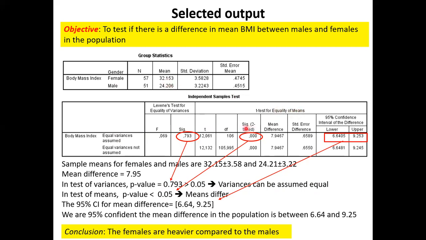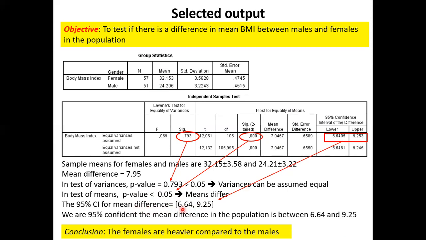So there are two components: testing variances, and testing means. Are they similar or different? How much is the mean difference? 7.94. Is it a big or small difference? Look at the p-value. It is less than 0.05. So same or different? Different.